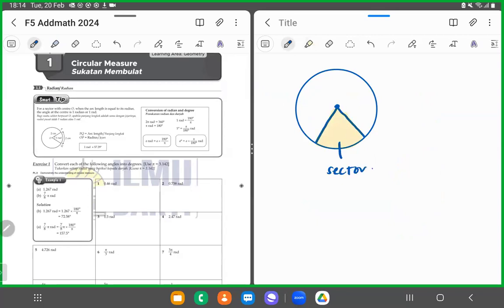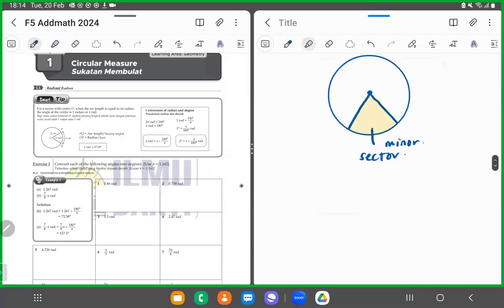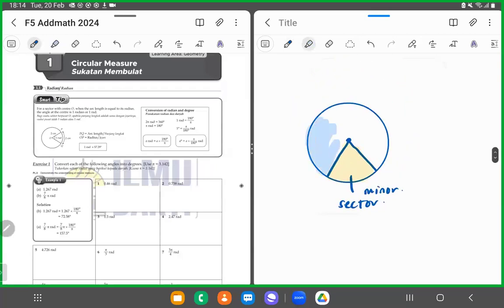Since it is a small one, we call it a minor sector. If it is over the other side, this bigger piece of cake, we call it a major sector.